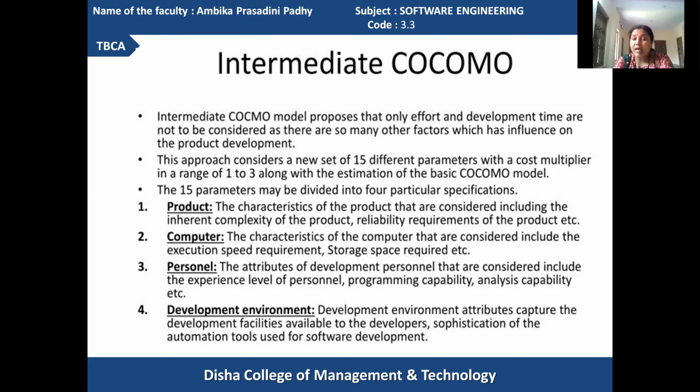All those 15 parameters can be categorized into product, computer requirement, personnel requirement, and development environment requirement. Got it? The product requirements, the characteristics of the product that are considered, include the inherent complexity of the product and the reliability requirements of the product.